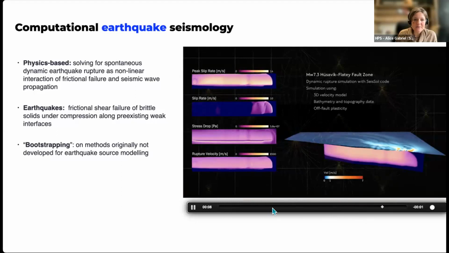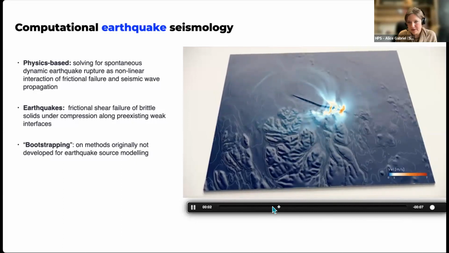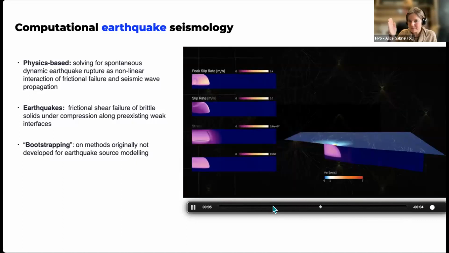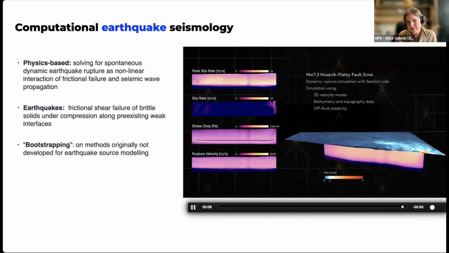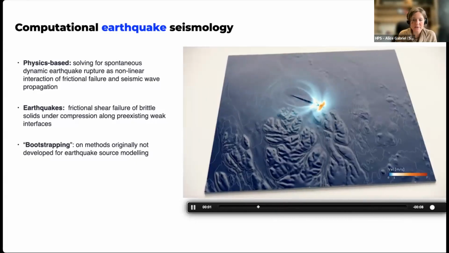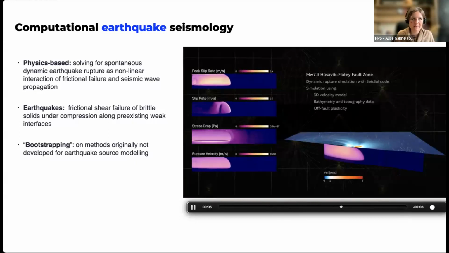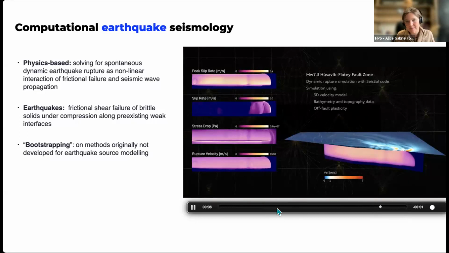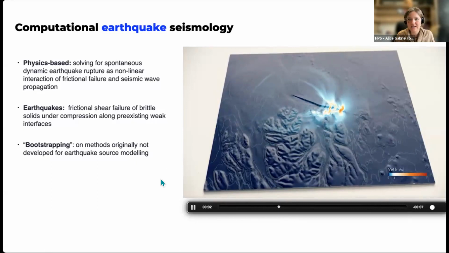And we're bootstrapping on developments in computational seismology. So what we're doing is really getting these nonlinear descriptions of dynamic rupture of earthquake physics into the same codes that are used for seismic wave propagation using point sources. So it's the same methods, and we are extending them to have this nonlinear interaction with dynamic rupture.